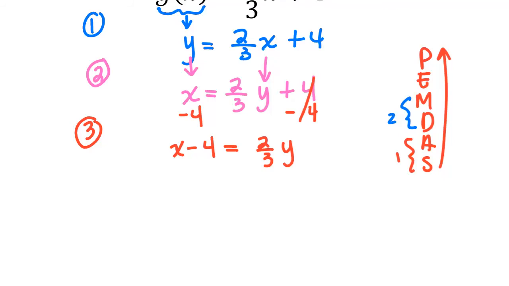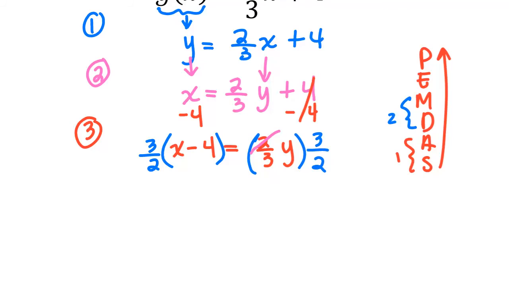Somebody remembered. So we gotta take this and multiply both sides by the reciprocal. The sign stays the same though. So instead of a 2/3, you're gonna flip the fraction and multiply by the reciprocal. So that's 3/2 to both sides.